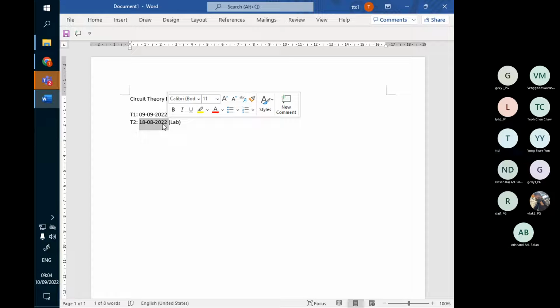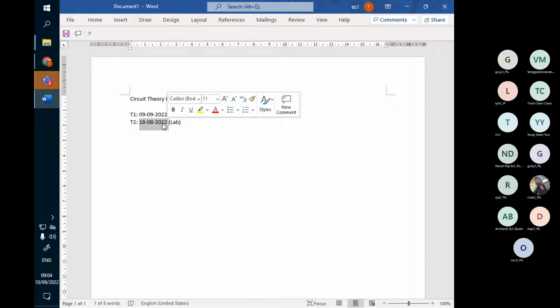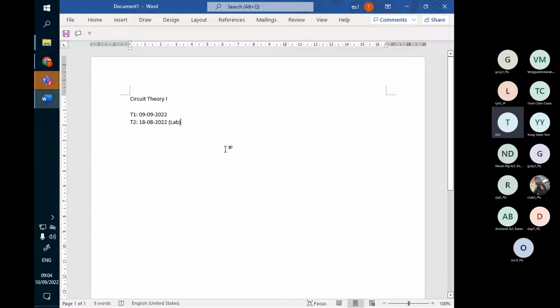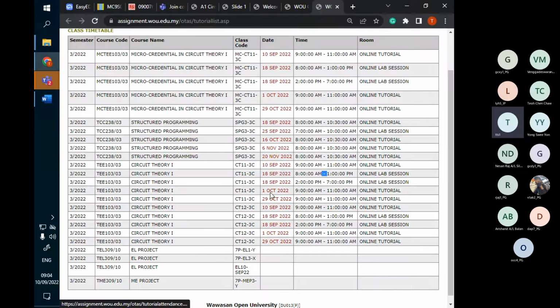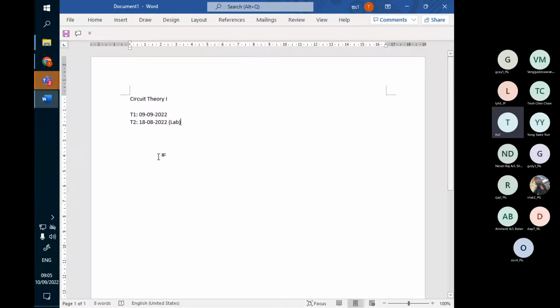When you draw the circuit, you need to capture it as proof that this is your work, and I'm going to show you all those steps. At this moment, I will not look into the October session. We just focus on September. So this is the first thing you have to know.